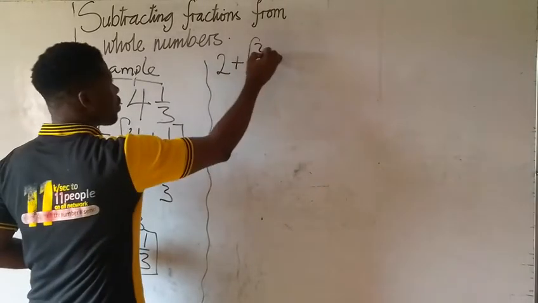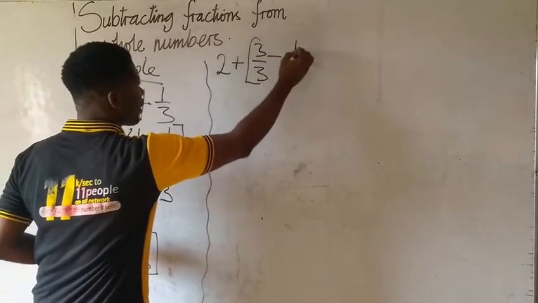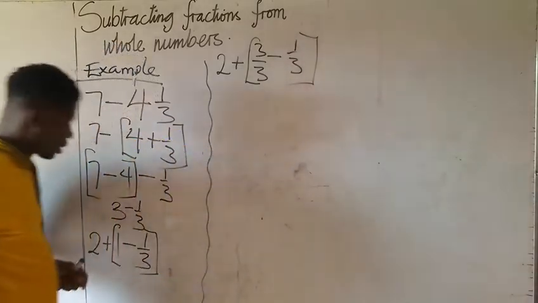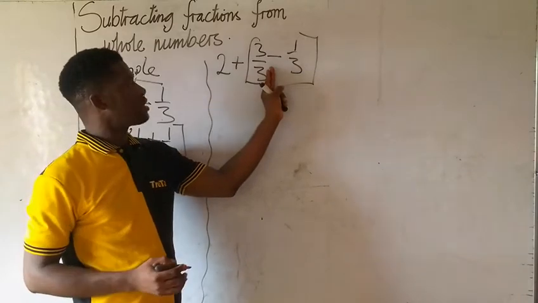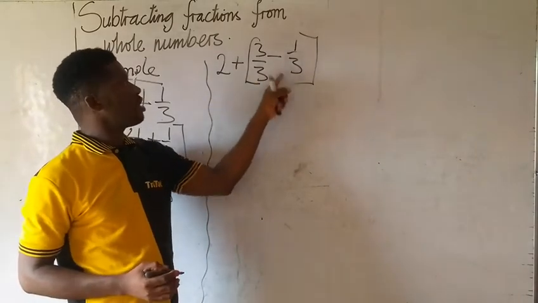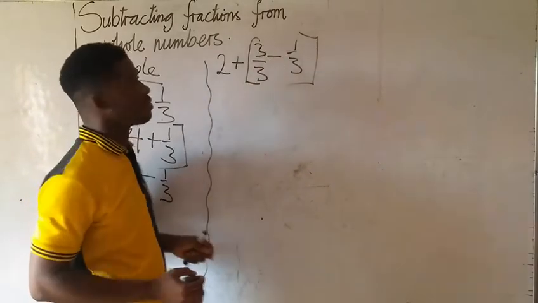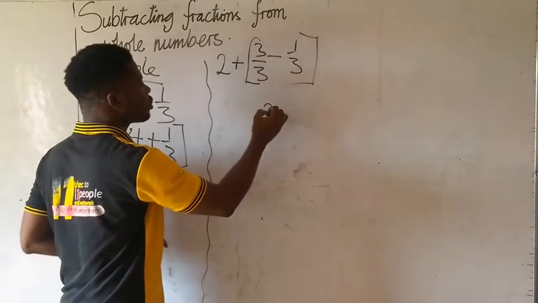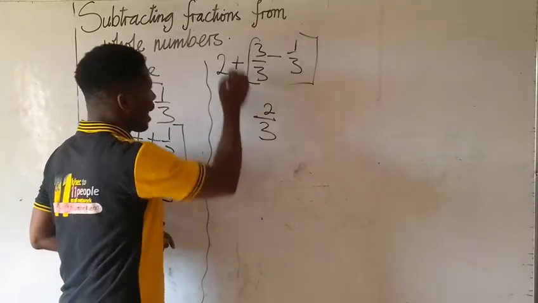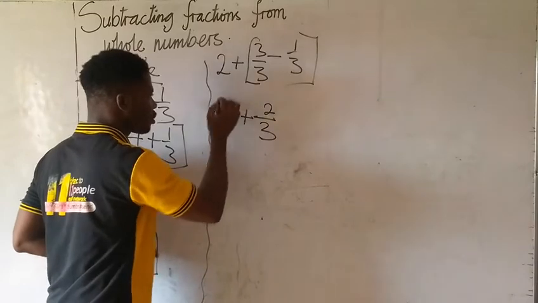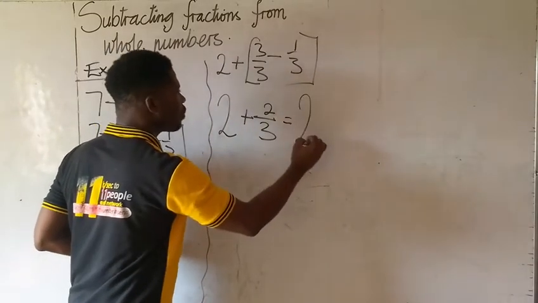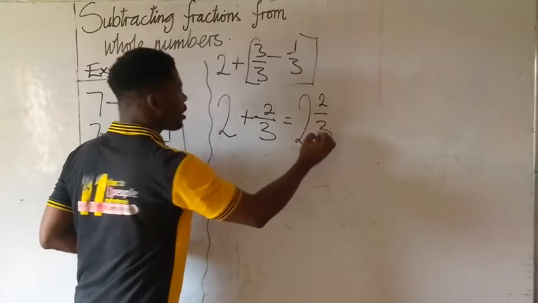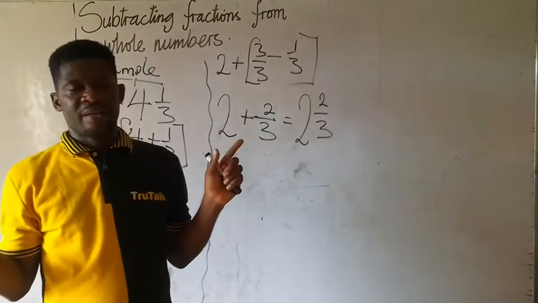So 1 becomes 3 over 3 minus 1 over 3. Good. Work with what we have in the brackets. Since we have the same denominators, let the numerators subtract themselves. So that will be 3 minus 1, that will be 2 over 3. Add this up. Bring out your 2. Adding up, our final answer will be what? 2 whole number, 2 over 3. Simple.